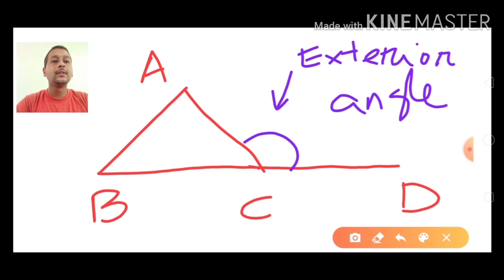Look here, this exterior angle is equal to the sum of the two remote interior angles. This angle is the adjacent angle, nearer, so we will not take it. We'll take the remote interior angles, this angle and this angle.